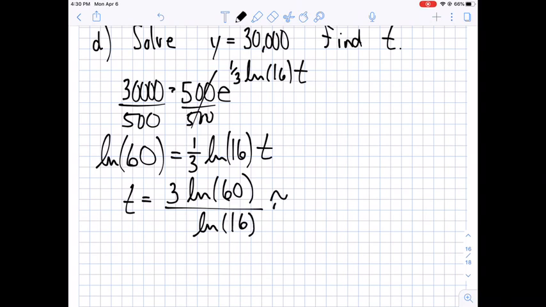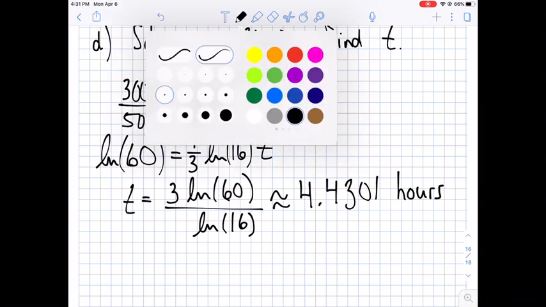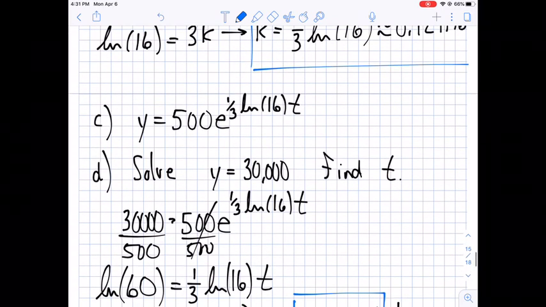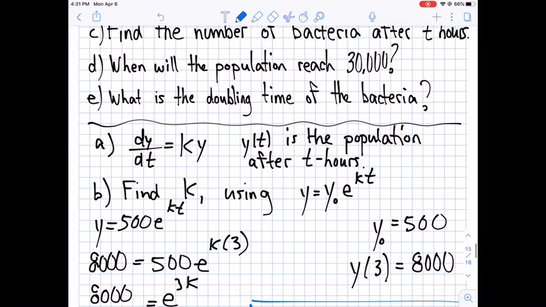And so t is going to be approximately equal to 4.4301 hours. So fine, that's how long it'll take for us to reach 30,000 bacteria. Let's go back up.